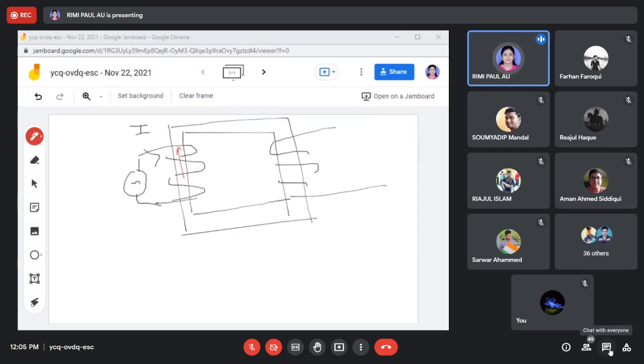High permeability, low reluctance path means flux will flow through this path. So this flux will flow through this path, right?